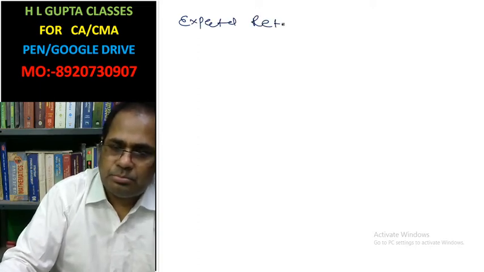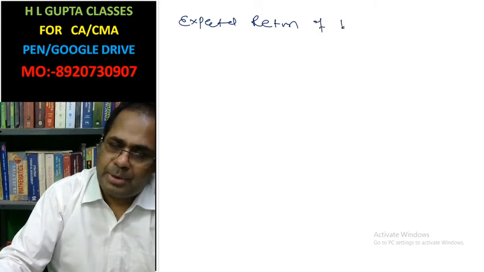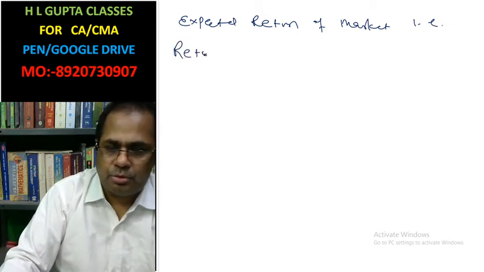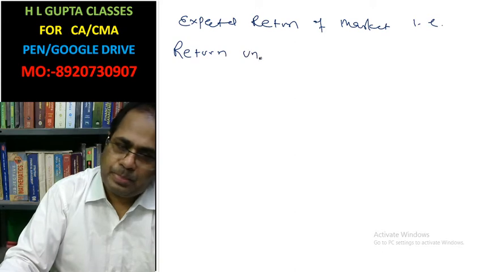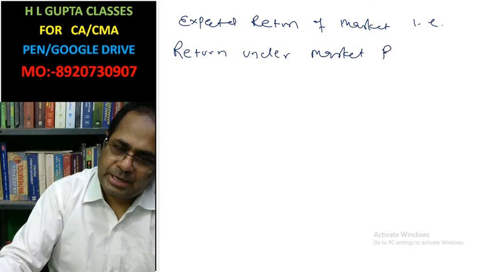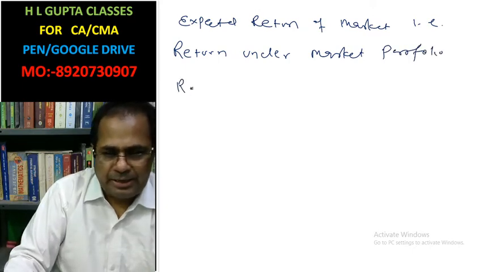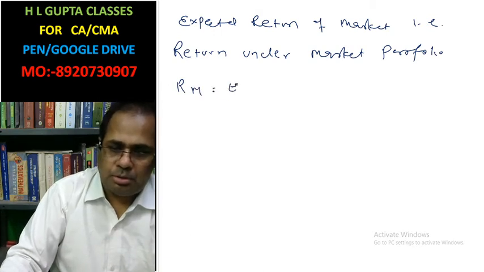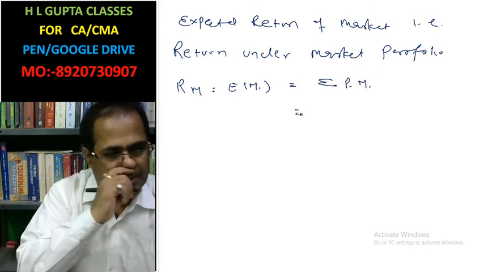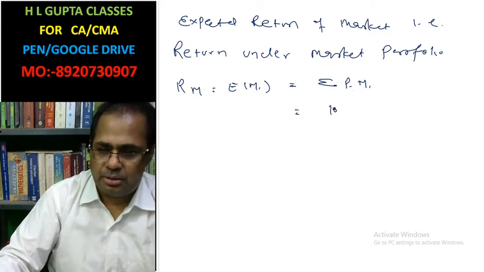Expected return of market, that is return under market portfolio, that is RM, summation pi mi, and this return is given 10.2.